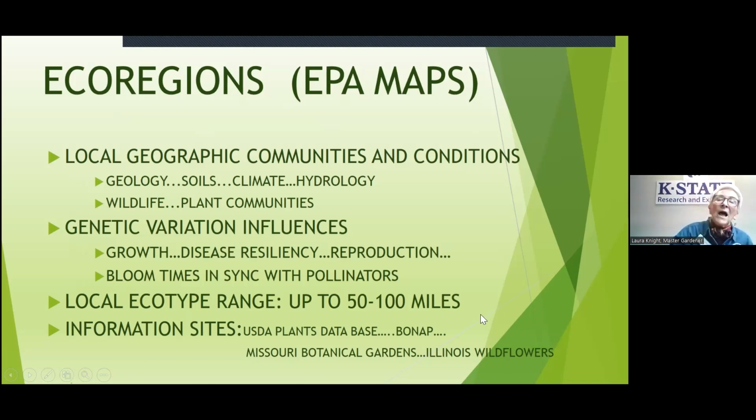And there is one called Wild Ones. They're very specific. They're purist about what you should be using in your area. And the local ecotype range to them is, if you're going to say that you are really a purist native grower, should be up to 50 to 100 miles.